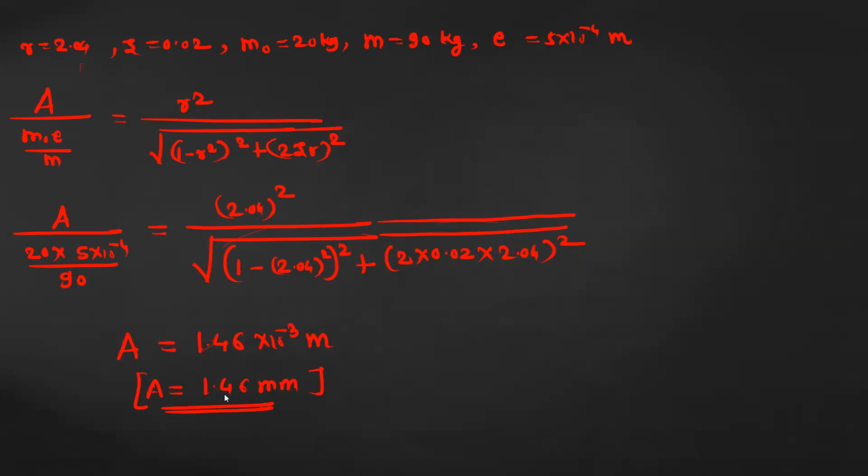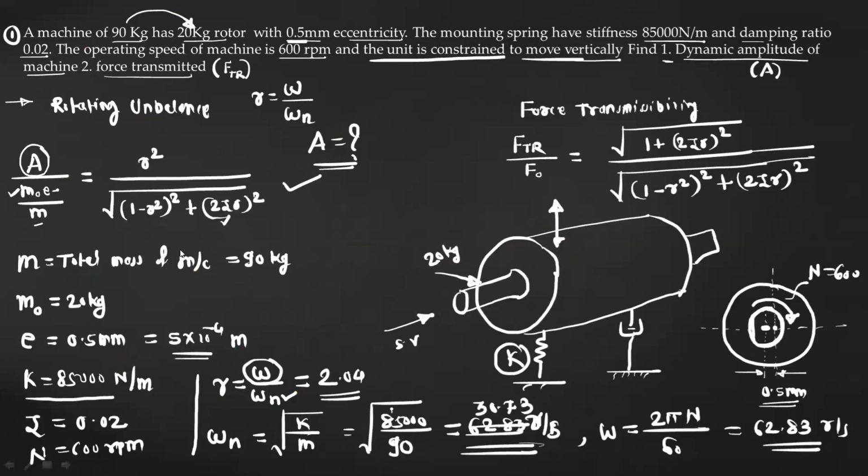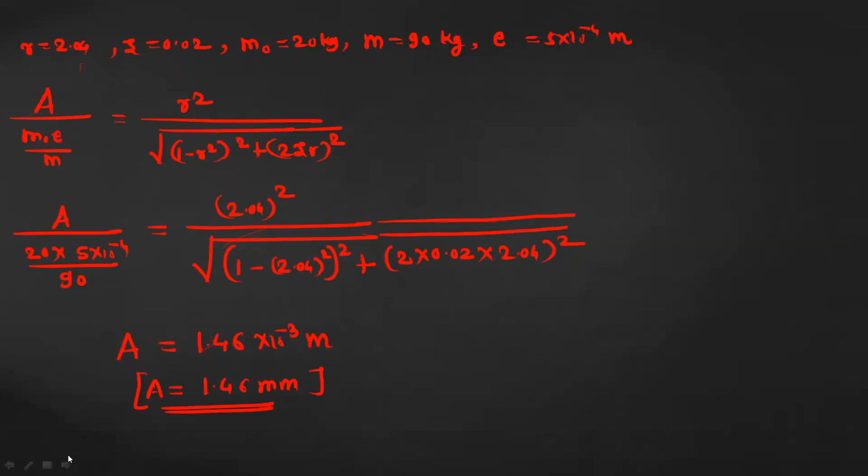Now refer to the second part. We have to find the force transmitted. That means this motor is mounted on some isolator, and this is the foundation or the base.